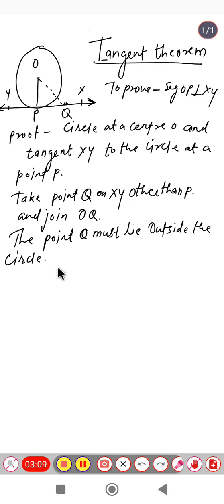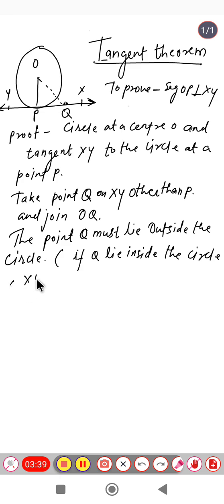Because if Q lies inside the circle, then XY will become a secant.